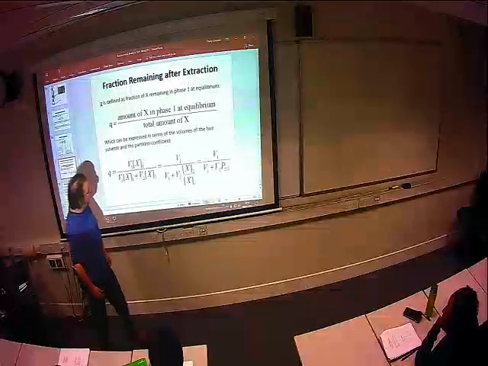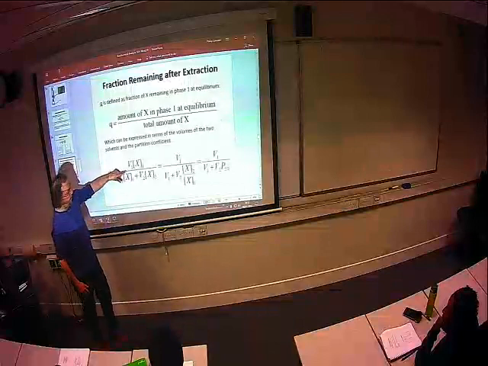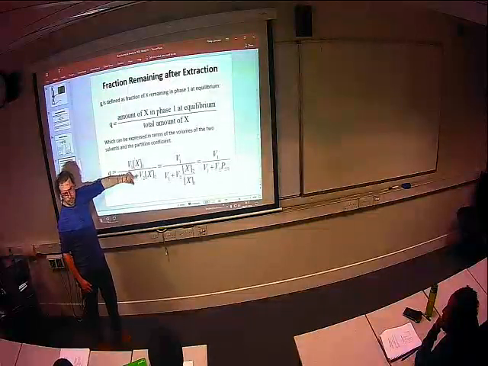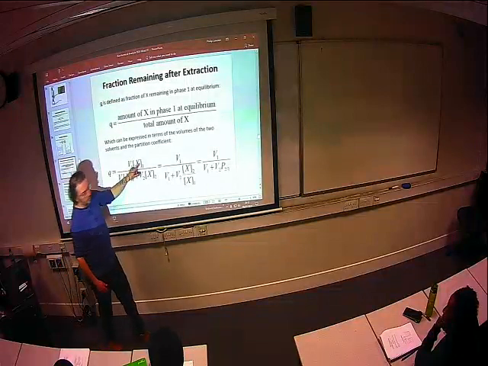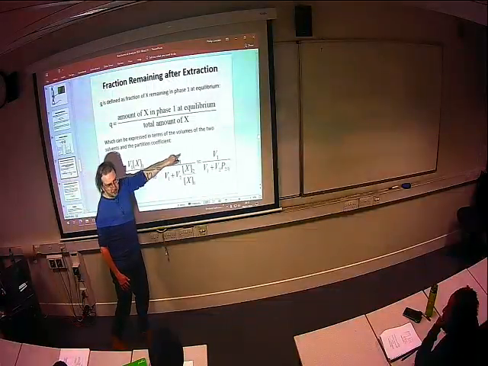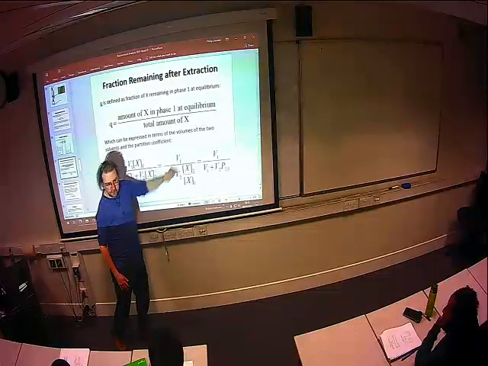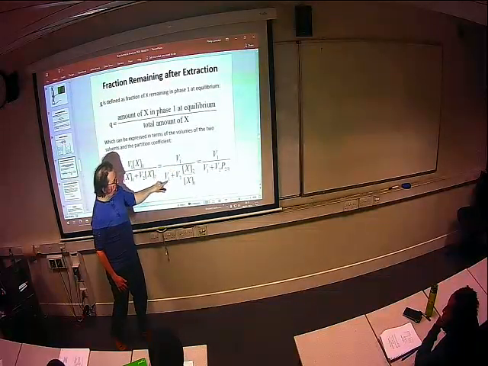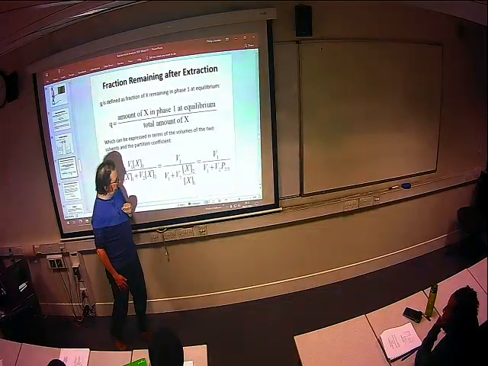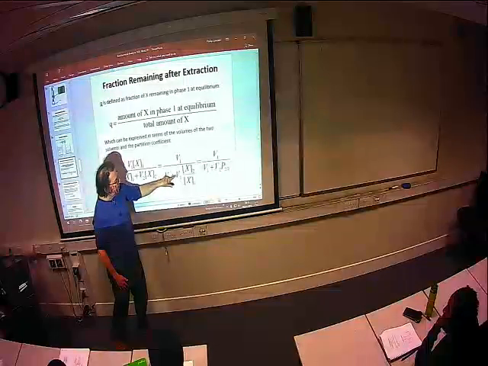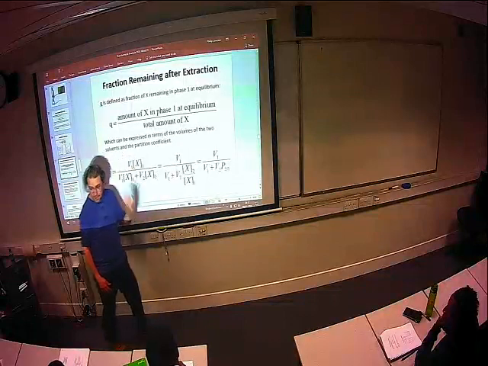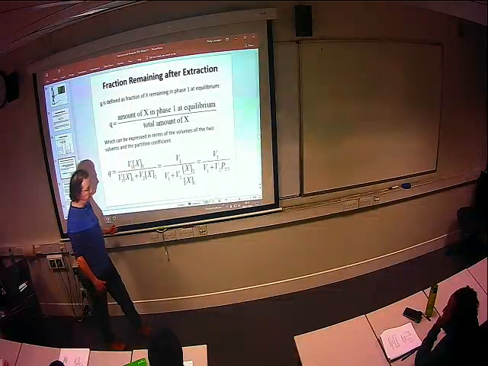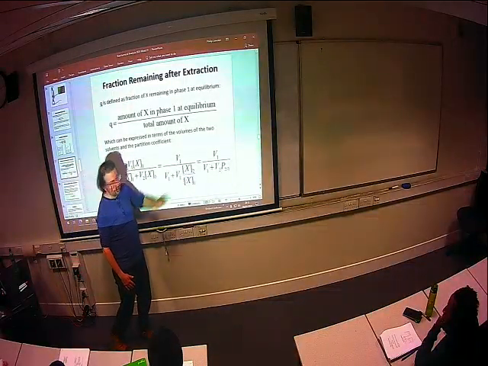We can cancel out, or divide the top and bottom parts of this term by, the concentration. So we just get the volume of the first liquid above and below the bar, and this term where we're multiplying the volume of the second liquid that we're using to extract the material over the partition coefficient.